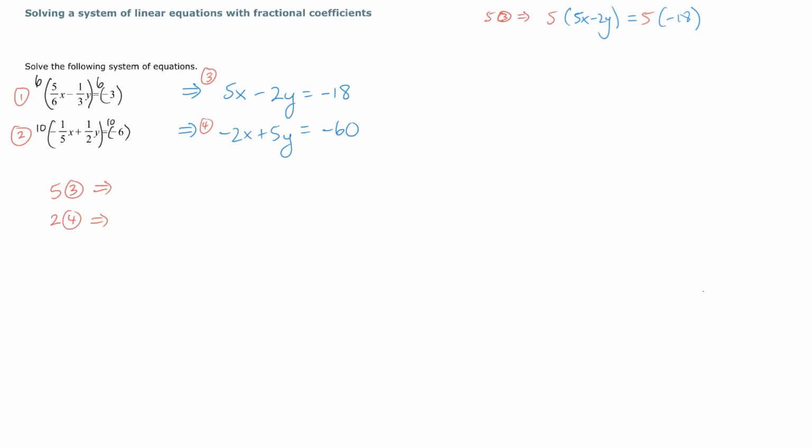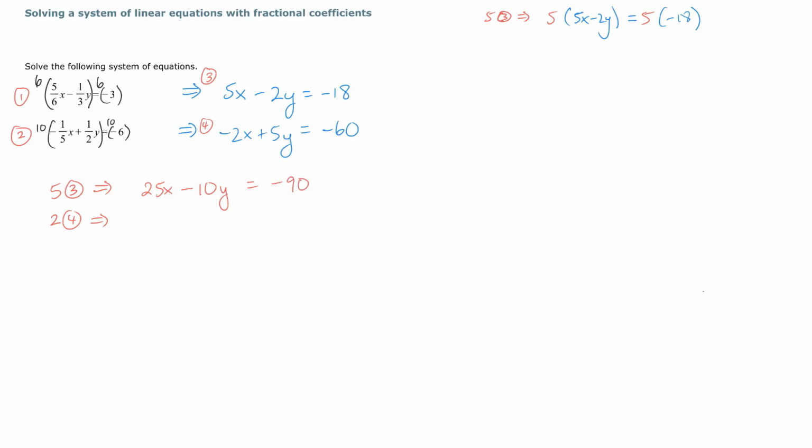And where am I picking 5 from? I'm looking at the LCM of 2 and 5, which is 10. So I'm trying to get a 10 to show up in a nice position. Let's do 5 times equation 3. We get 25x minus 10y is equal to negative 90.